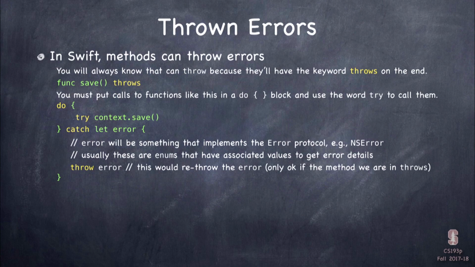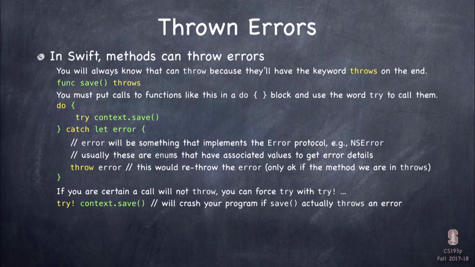So the way this goes is if you had a function save that throws, you're going to go look in its documentation and see what kind of NSError stuff it can throw. And it'll throw certain errors like save. The save, maybe it's for saving into a database and the disk is full, so the database couldn't save. So maybe there's an error code for disk full or whatever. So this is what you do if you want to catch a thrown error and kind of handle it. Look at it, see what it is, decide what to do.